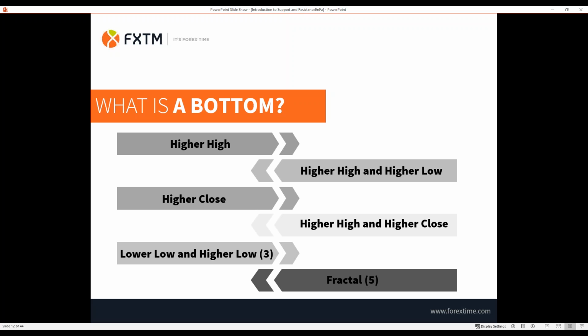Sometimes a simple definition will do the job. But as a rule of thumb, your candlesticks should not be very small, because when you have very small candlesticks, it means that most probably you are in a range. Okay, very good. Let's go on.